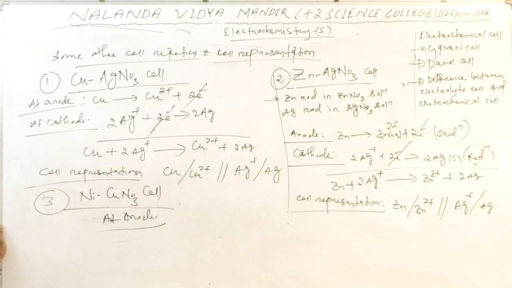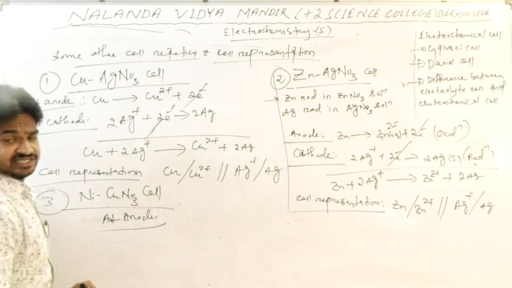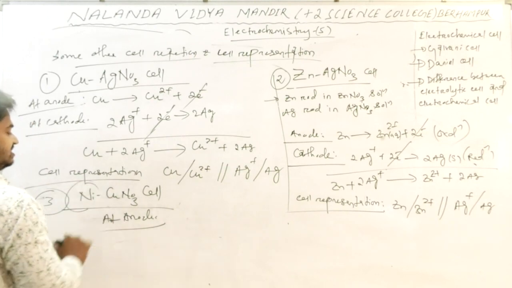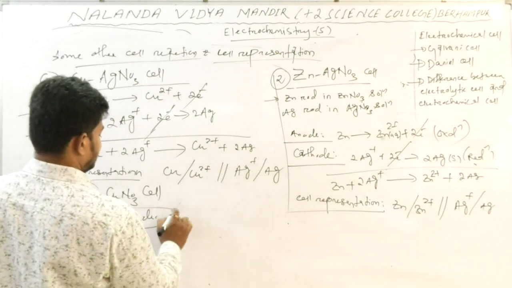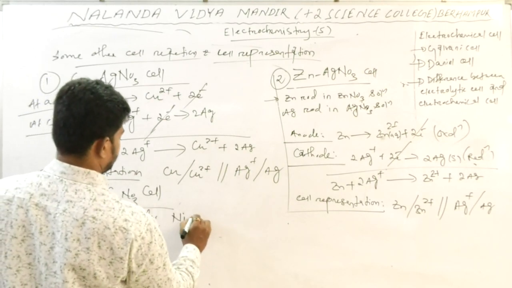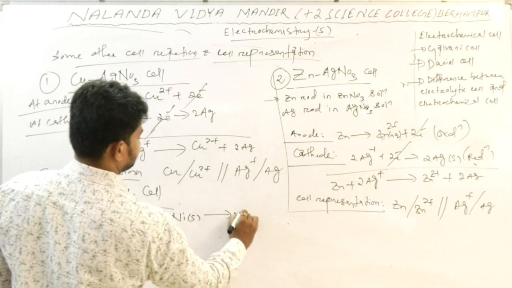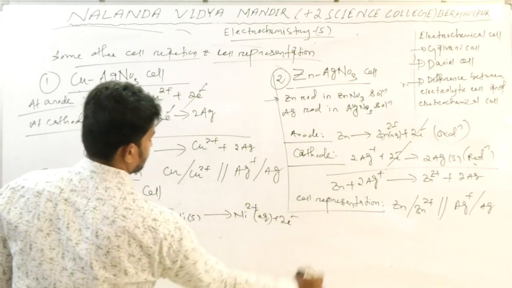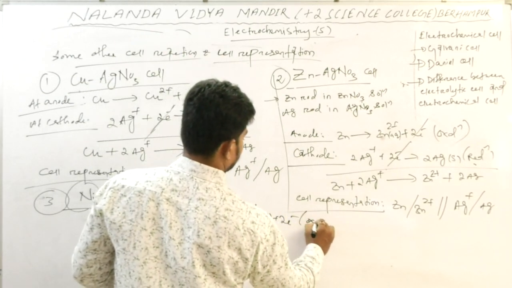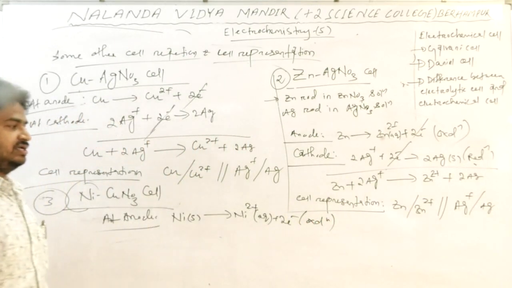The highly reactive metal from the copper and nickel. So nickel is the highly reactive metal. So at the anode, nickel will lose 2 electrons. And that is oxidation, which will show at the anode.